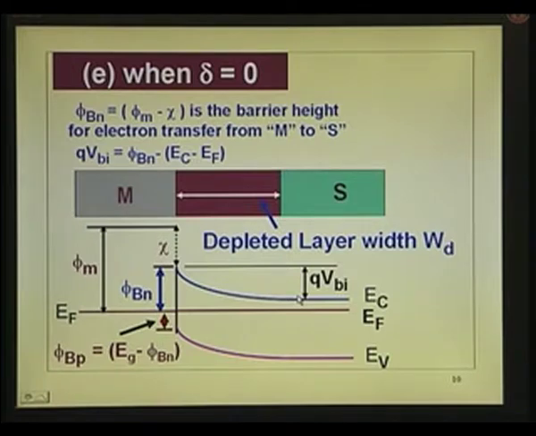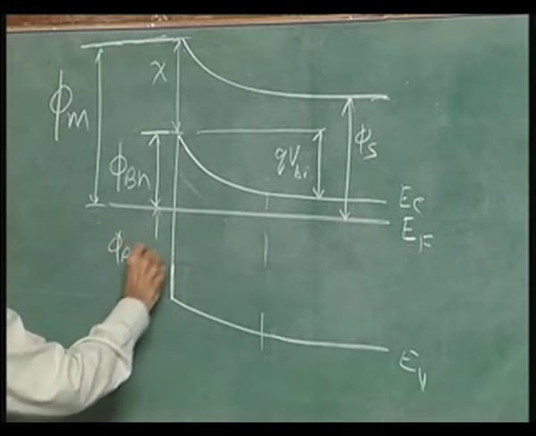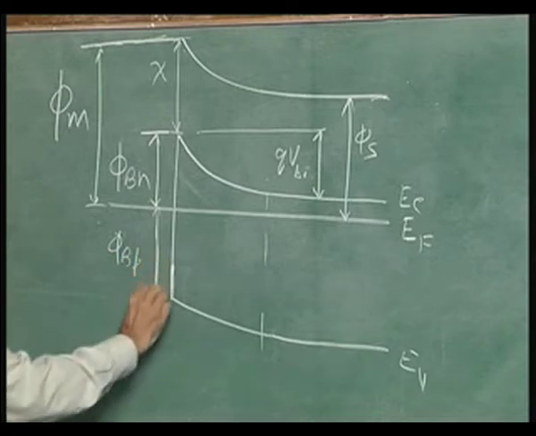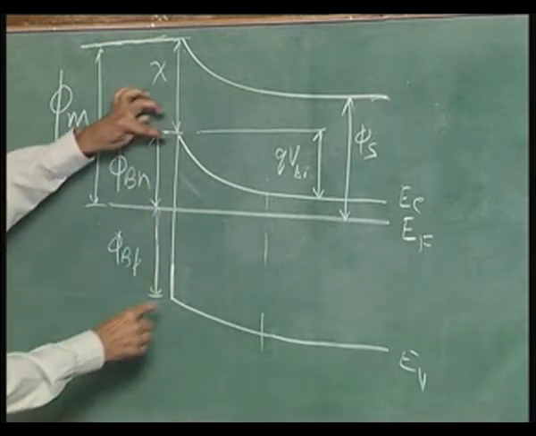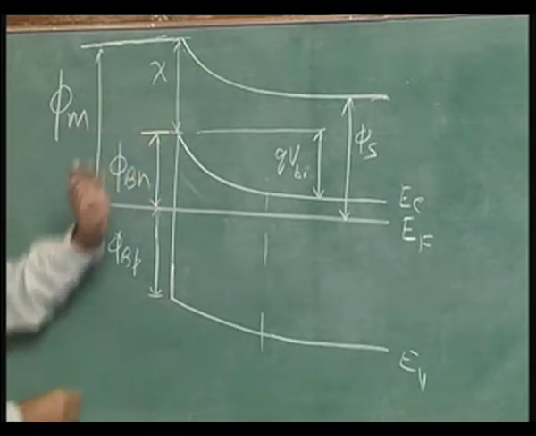Notice here, this is the barrier height for electrons to move from the metal to the semiconductor, and correspondingly you can mark a barrier height for the transfer of holes in this direction, that is phi_bp. Phi_bp is E_g, the band gap, minus phi_bn.